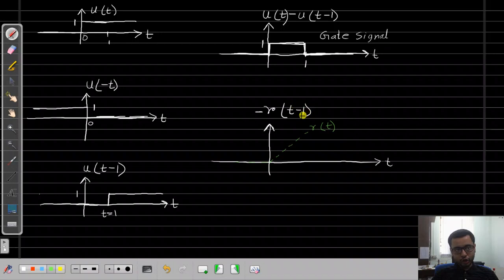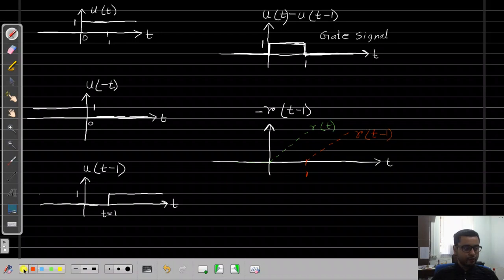Then because of this minus 1, you have to shift the signal towards the right by 1 unit. So if this is t equal to 1, then you shift it by 1 unit, and this is r(t minus 1).